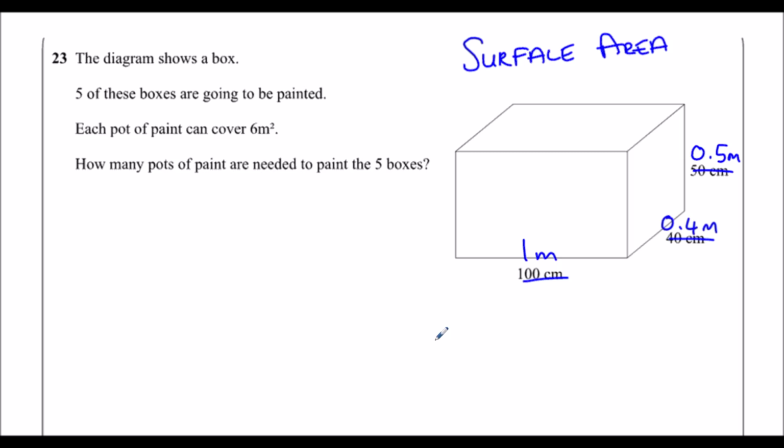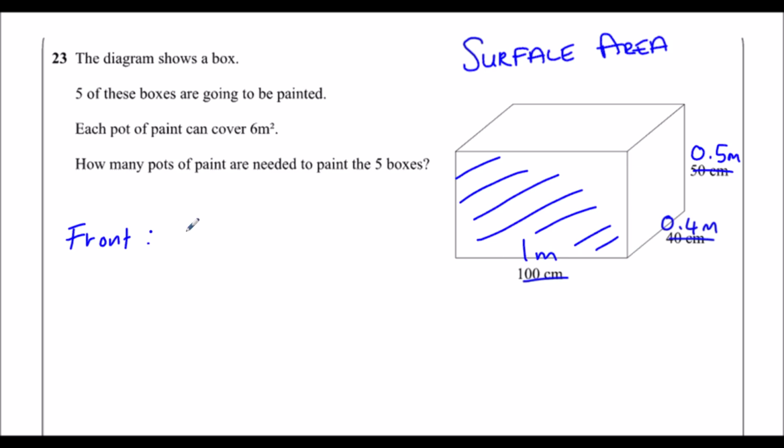So surface area is the area of every surface. So we've got this front. So the front is 1 by 0.5. So the area, 1 times 0.5, which is 0.5. Now we've got exactly the same.